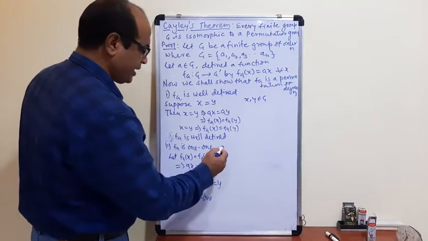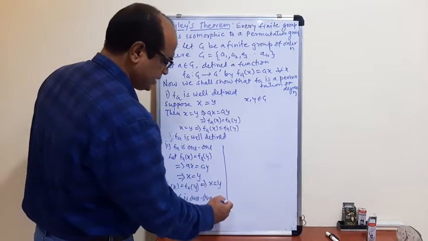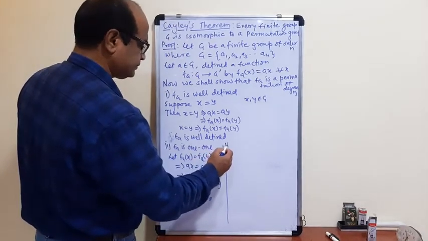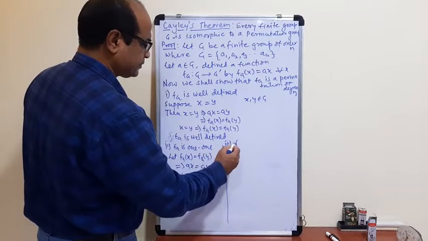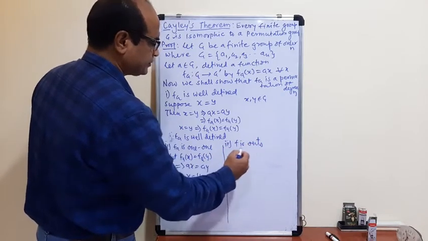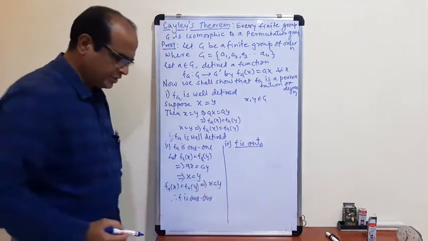So what is the next part here? Third, f_a is onto. f_a is an onto function.